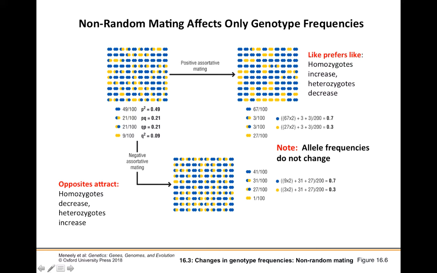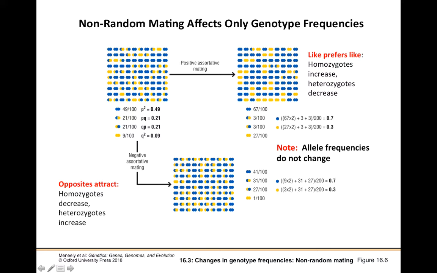So homozygous dominants will mate with other homozygous dominants, homozygous recessives will mate with other homozygous recessives, and so you get a preponderance of homozygosity in the population, altering genotype frequencies. But in this case, it doesn't alter allele frequencies. It just changes the distribution of those allele frequencies among the different genotypes.